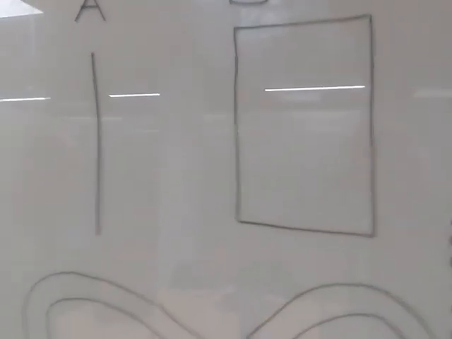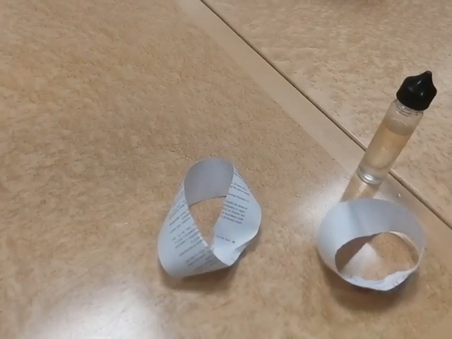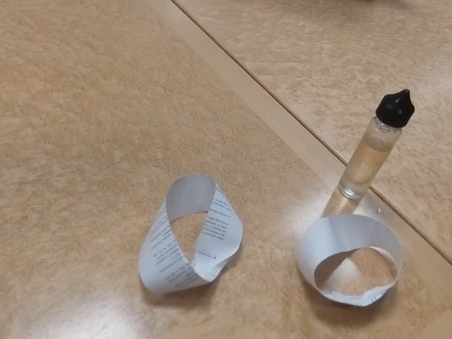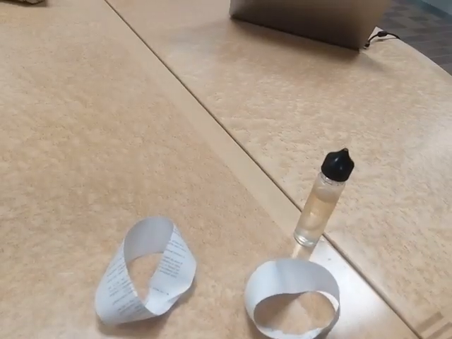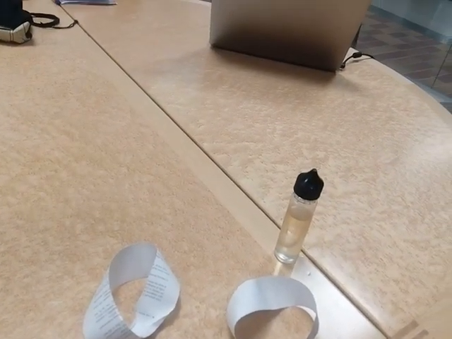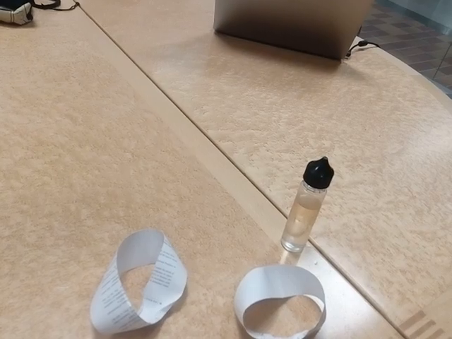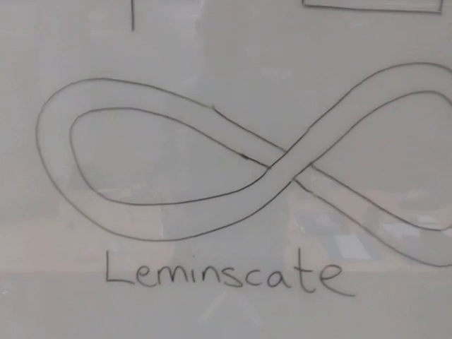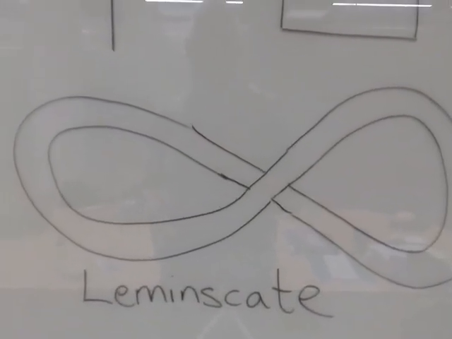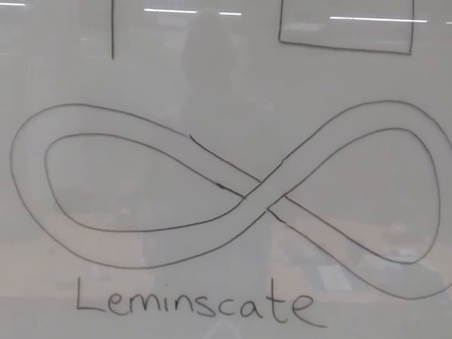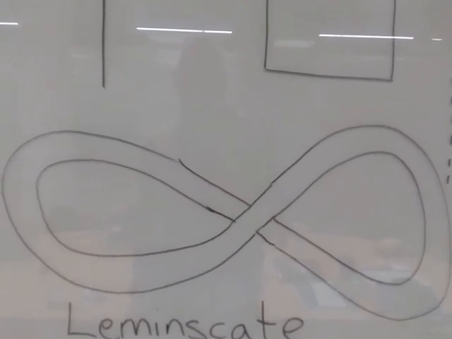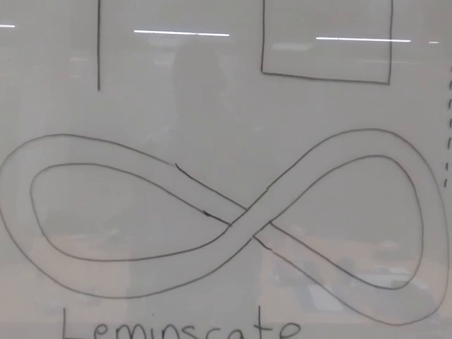Okay, I will show two Möbius strips I made. And here it is easier to see how we go from forms of space, developments in space, to the Lemniscate. And the Lemniscate is, of course, also the eternity symbol, a lying down 8.